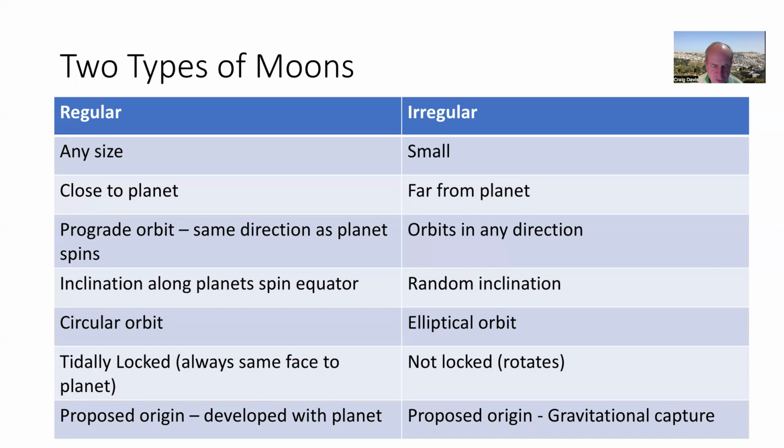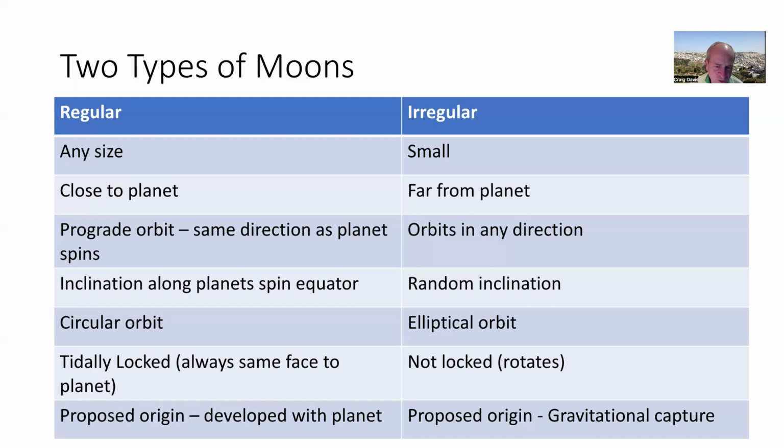As far as proposed naturalistic origins, the idea is that regular moons developed along with the planet. That's why they're rotating the same way the planets spin. While irregular moons were captured by gravity. If you listened to my previous video, you probably know that both of those ideas are difficult and nearly impossible to do.